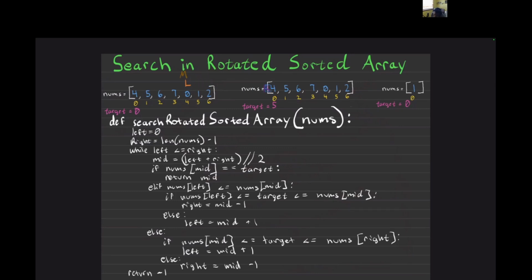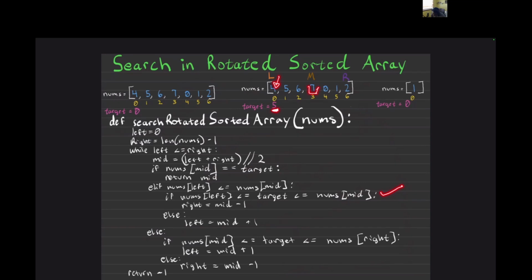Okay, so I'll do the walkthrough again for this example, and I think it's going to make a lot more sense. So we have right, left, mid. This case doesn't hold. Nums of left is less than or equal to mid, so we're here. If nums of left is less than or equal to target, it is, and target is less than or equal to nums of mid. Look, target is 5. That's greater than or equal to this 4, and it's less than or equal to this 7.